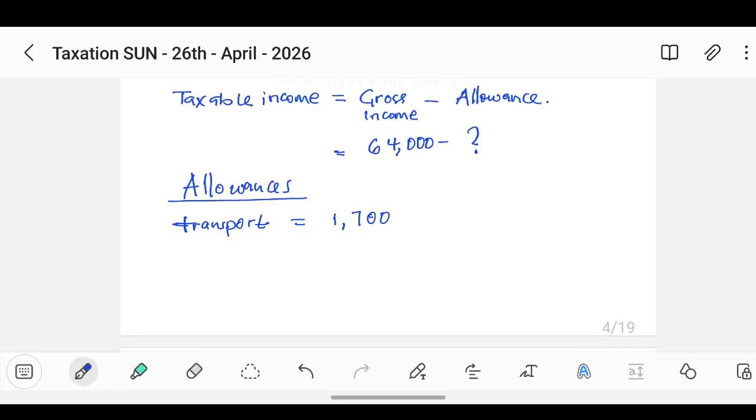Then there is an allowance for being married. Peter is married, so he's going to get this 1,800.